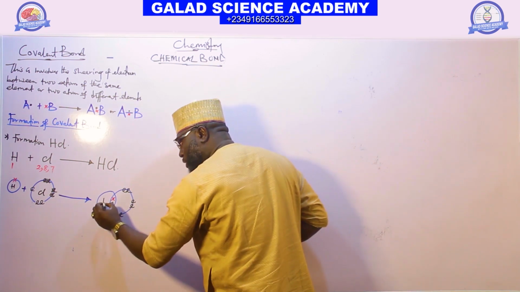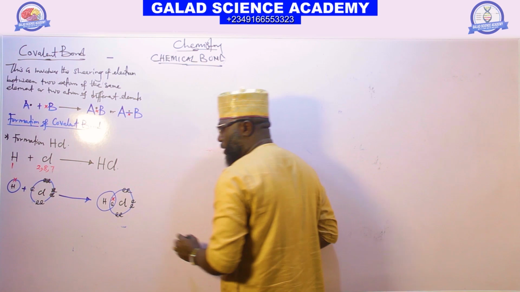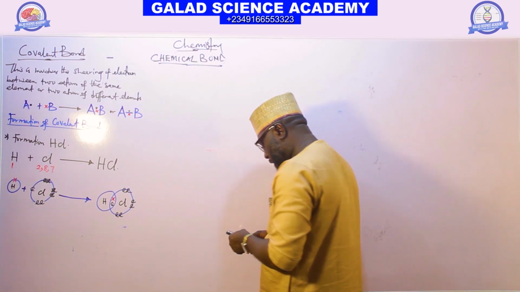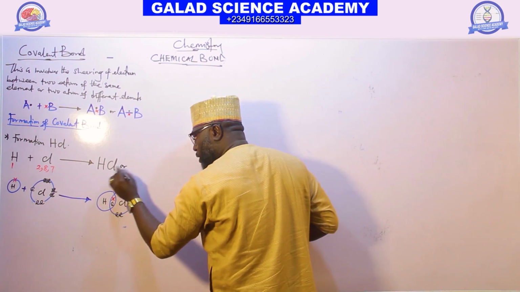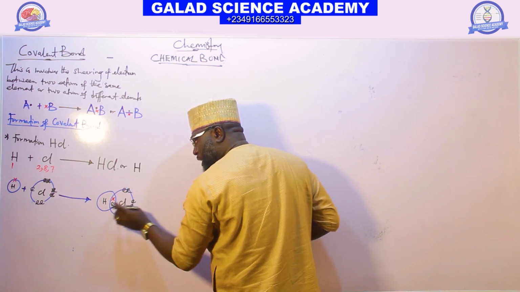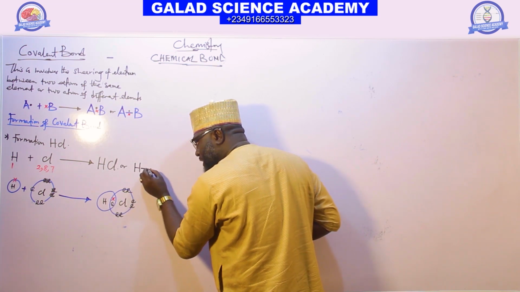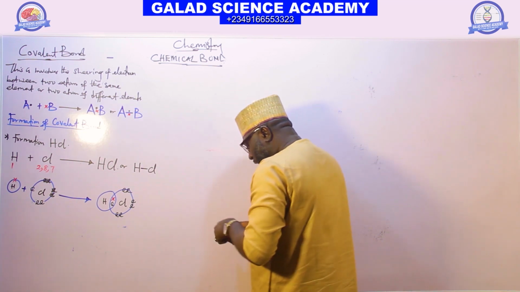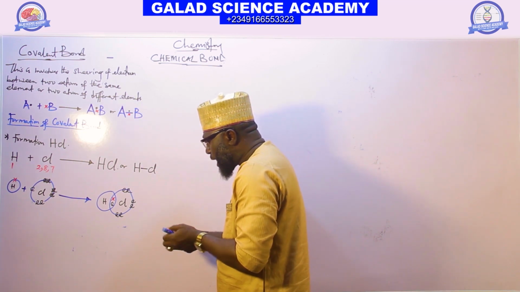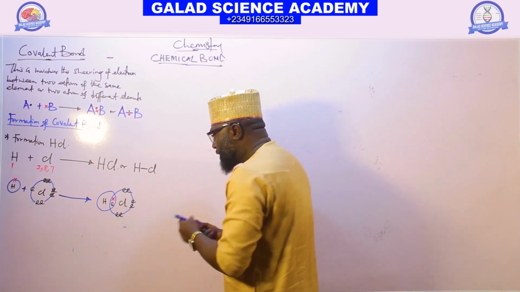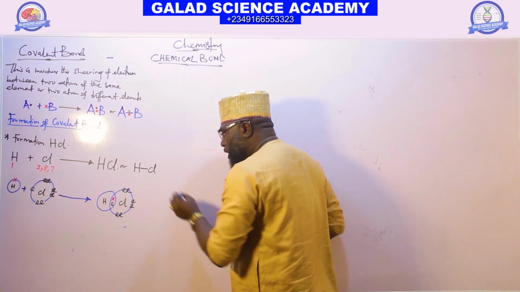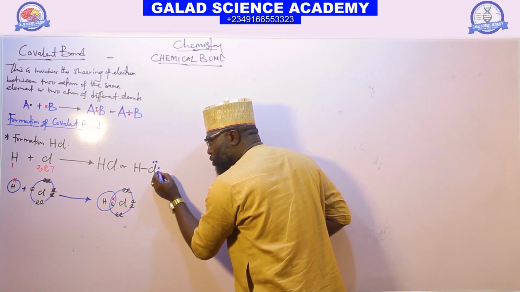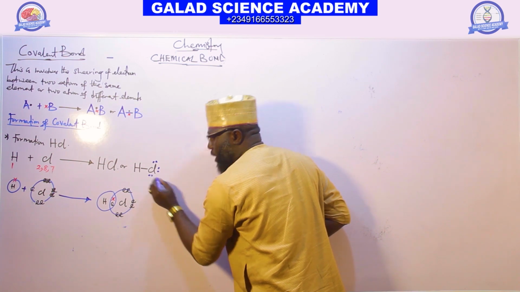This is hydrogen, this is chlorine. Can you see this structure now? I can draw it here. This is H, the bond between them is this, and this is chlorine. The electrons I put on top of chlorine, I can now use electron dots to represent: 2 here, 2 here, 2 here.